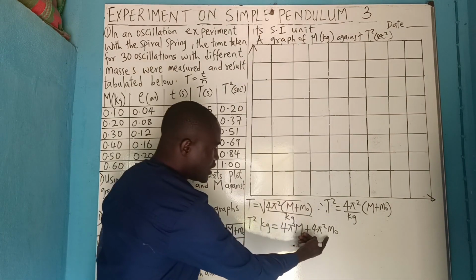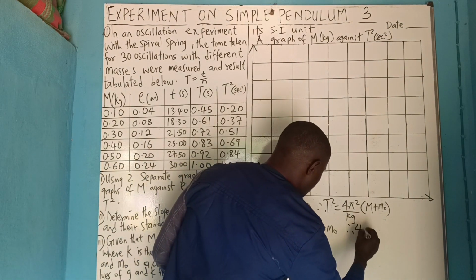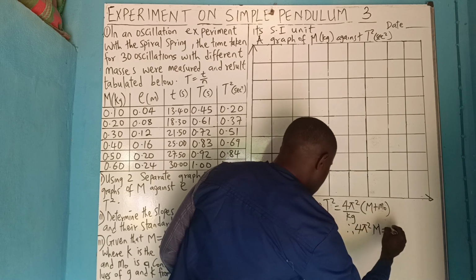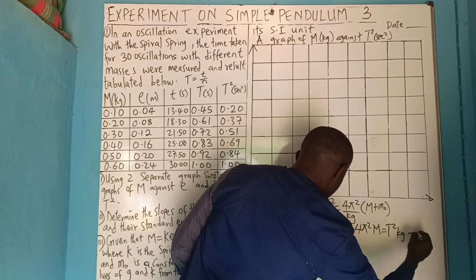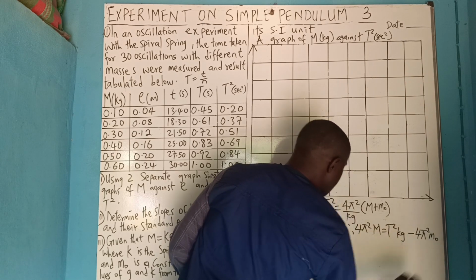Then I will carry this to the other side. Therefore, 4 pi squared m is equal to T squared times kg minus 4 pi squared m0.